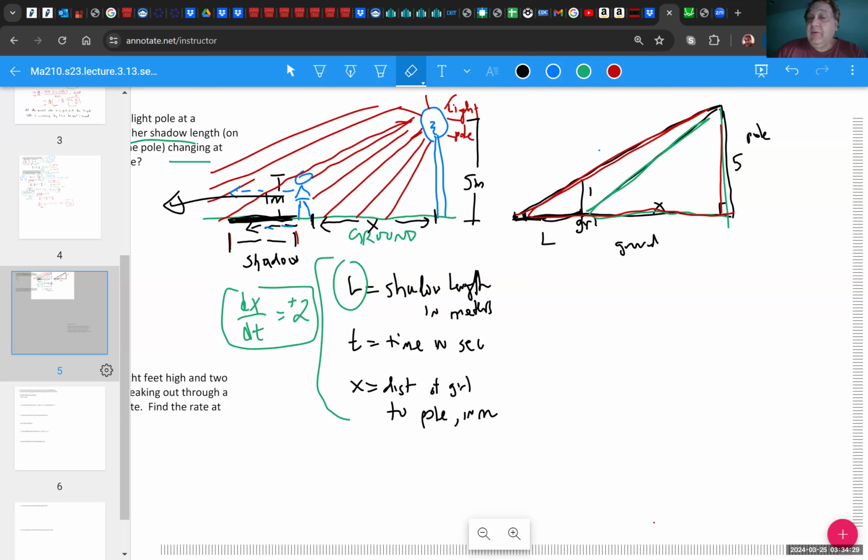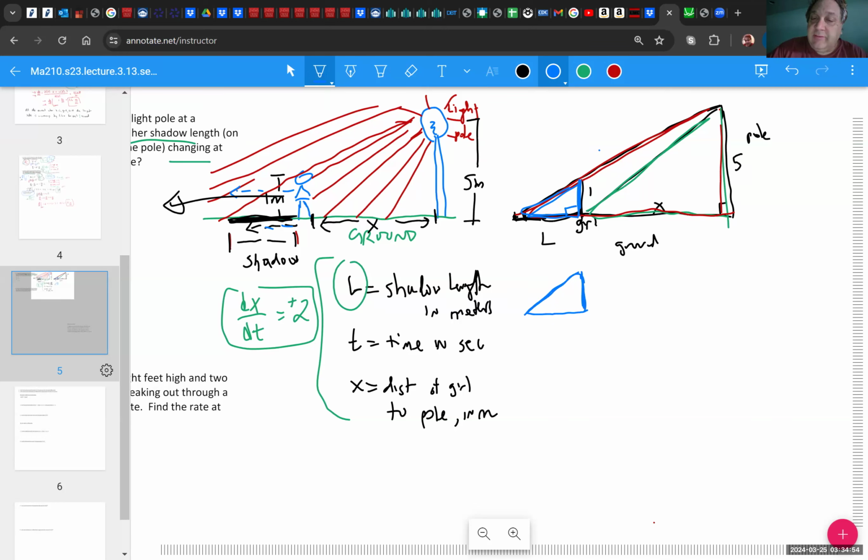So we do have a couple of triangles here. We actually have 3 triangles. We have the red triangle, the green triangle, and the blue triangle, the smaller triangle right here. And we can use these triangles and similar triangles from our geometry to write down an equation. So we have this little blue triangle. I'm going to write it down here below so it's easier for you to see.